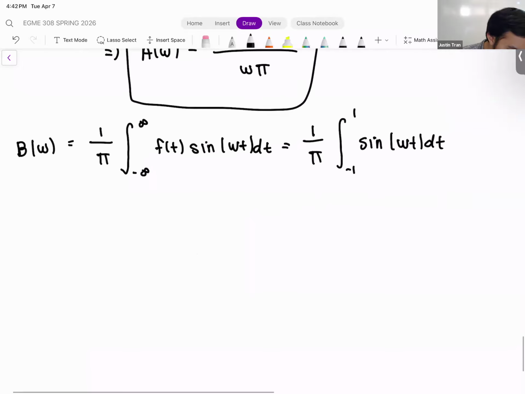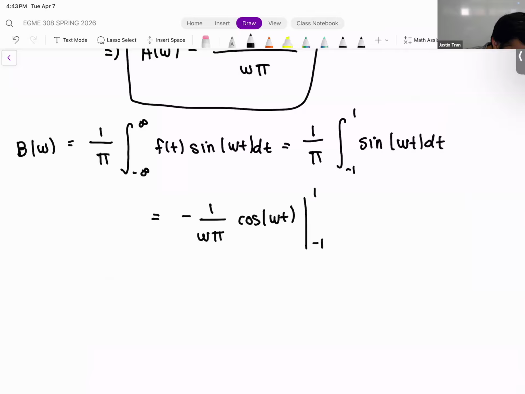Okay, so let's go ahead and perform this integral very quickly. The integral of sine omega t is minus cosine omega t. So you have minus 1 over omega pi cosine of omega t, evaluated from -1 to 1.